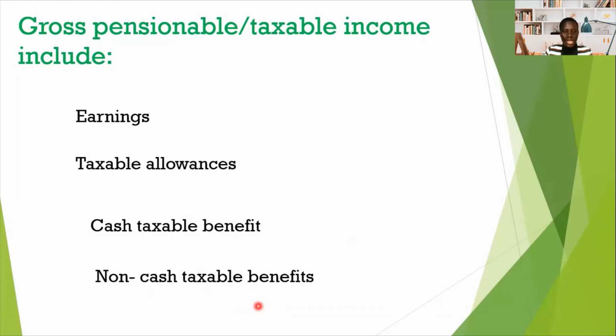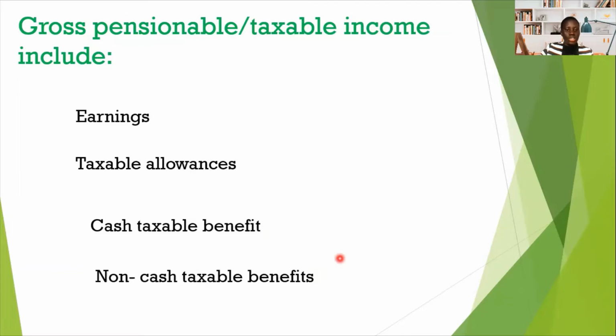Examples of non-cash taxable benefits are things like your life insurance with Sun Life, your dental insurance with Sun Life. Stuff like that is considered non-cash taxable benefit. If you want to fix your teeth, you go to your dentist, and the company will pay for it.